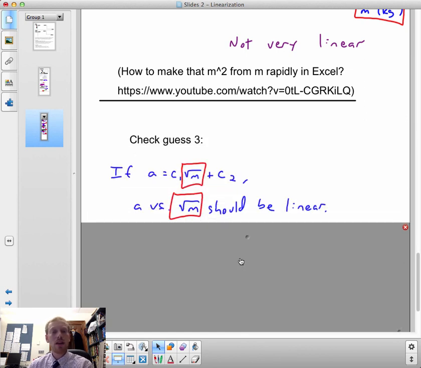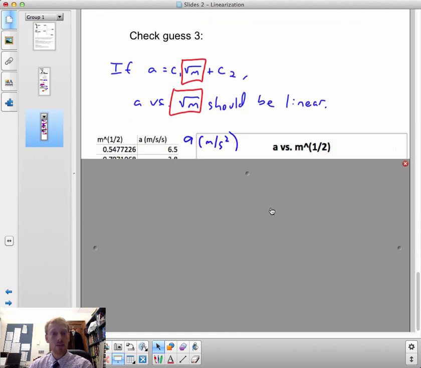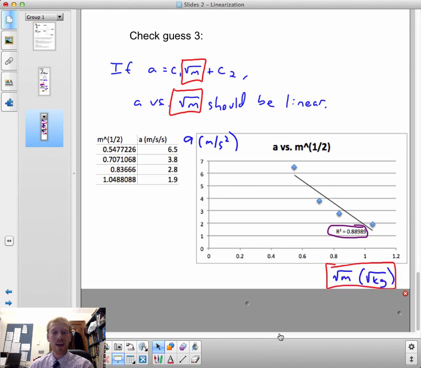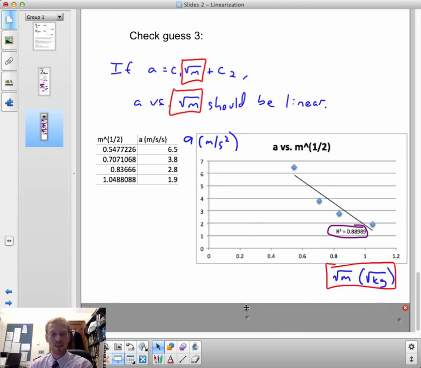Well, maybe it's 1 minus a square root function. Let's try that. If this really is the mathematical relationship between a and m, if a really is equal to a constant times root m plus c2, then the graph of a versus the square root of m should be a line, should be linear. Well, let's get Excel to whip us up a nice graph of acceleration as a function of the square root of mass.